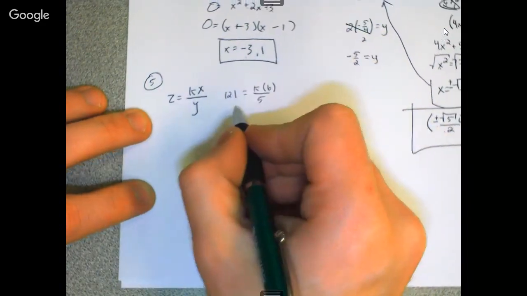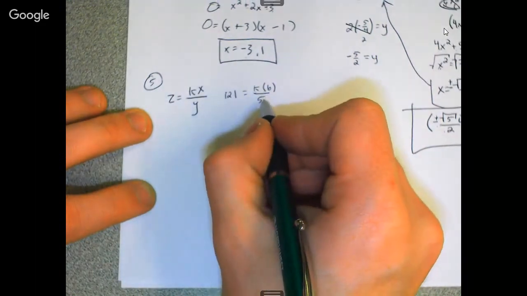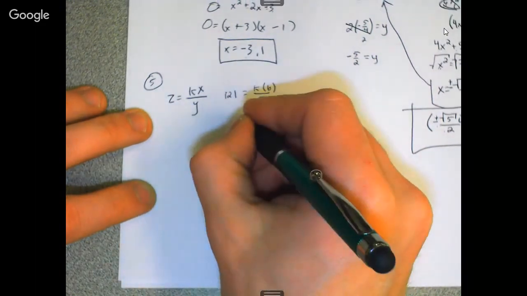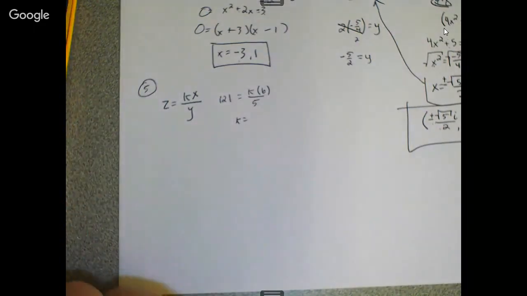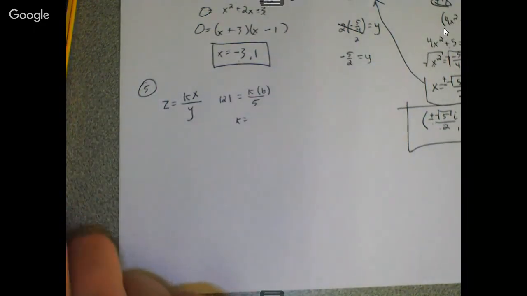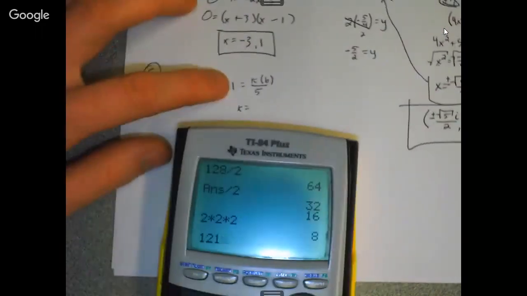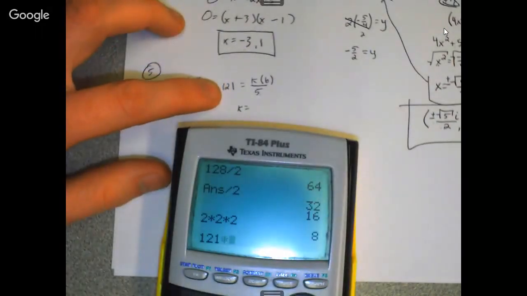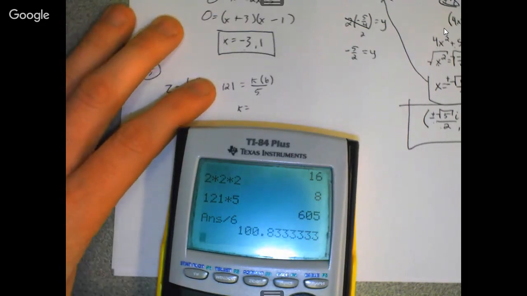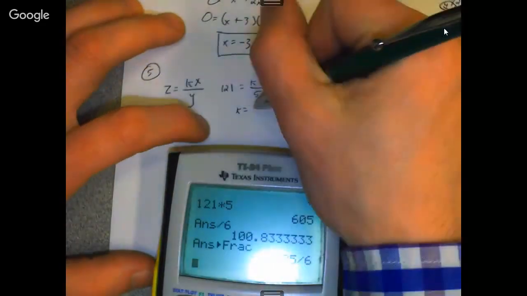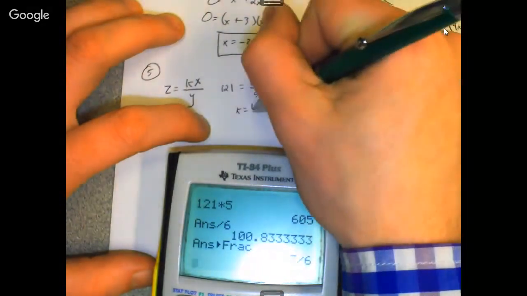So we need to solve this for k. We'll multiply by 5, divide by 6. So you have 121 times 5 divided by 6. Let's get a fraction. So k is 605 over 6.